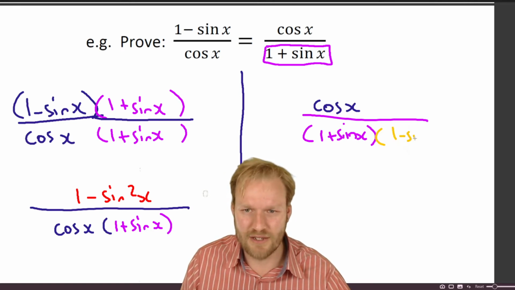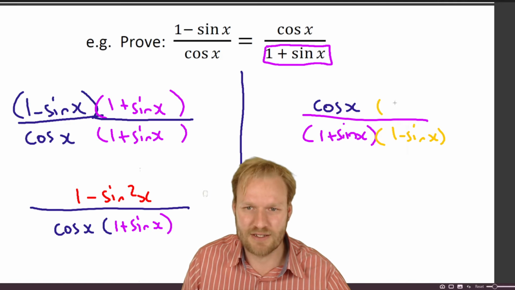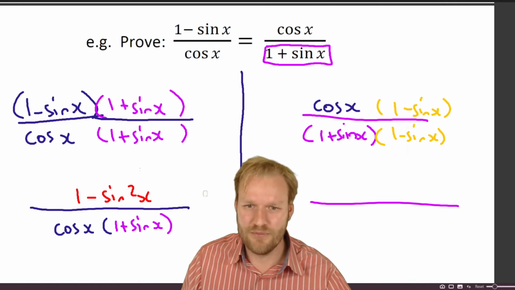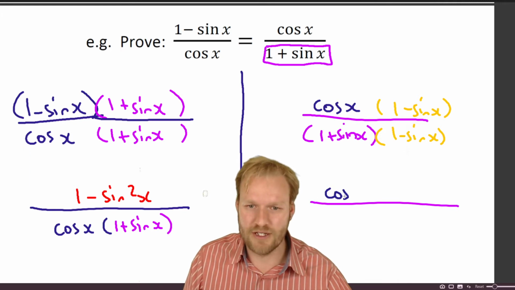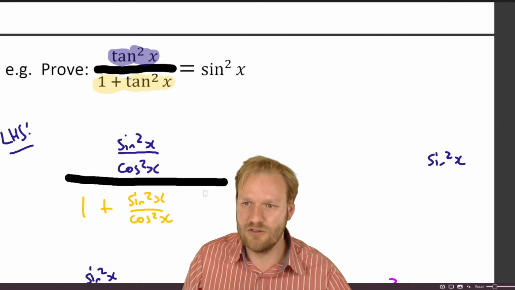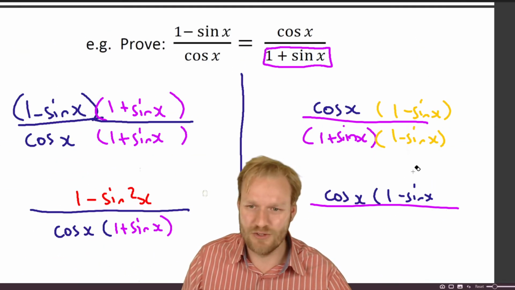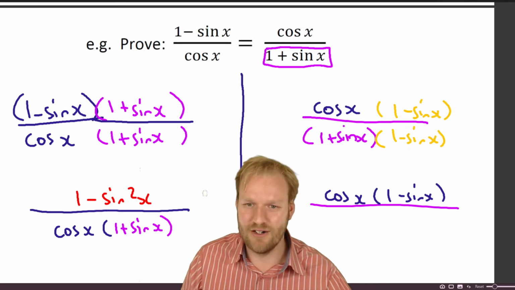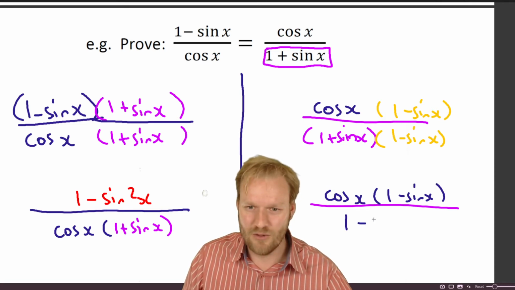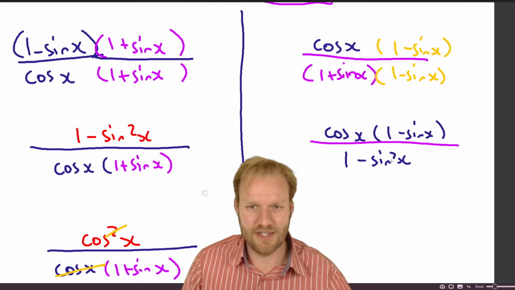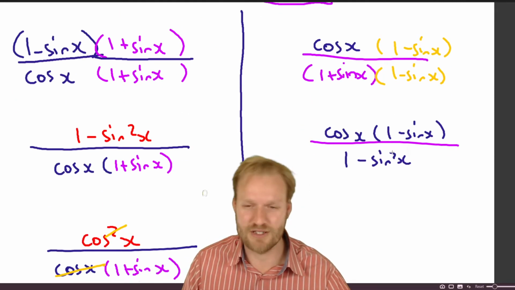If we multiplied this by 1 minus sine x, and we multiplied the numerator by 1 minus sine x, well, that's cool, because in our numerator we'd have cos x times 1 minus sine x, and in our denominator we'd have 1 minus sine squared x, which is of course cos squared x, and one of those cos x is going to cancel with that cos x.